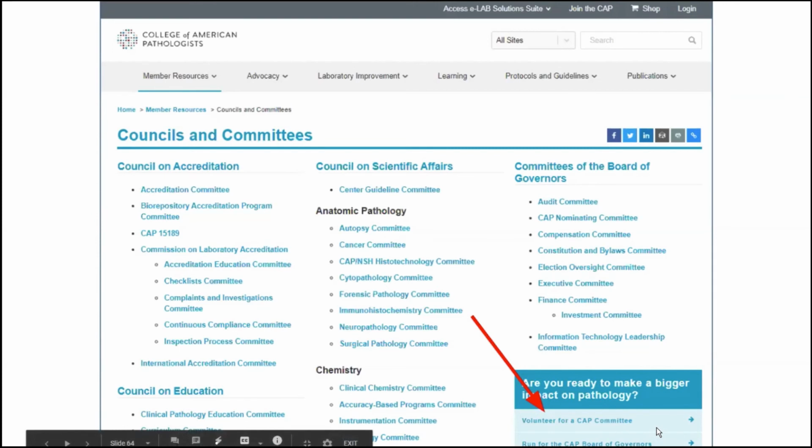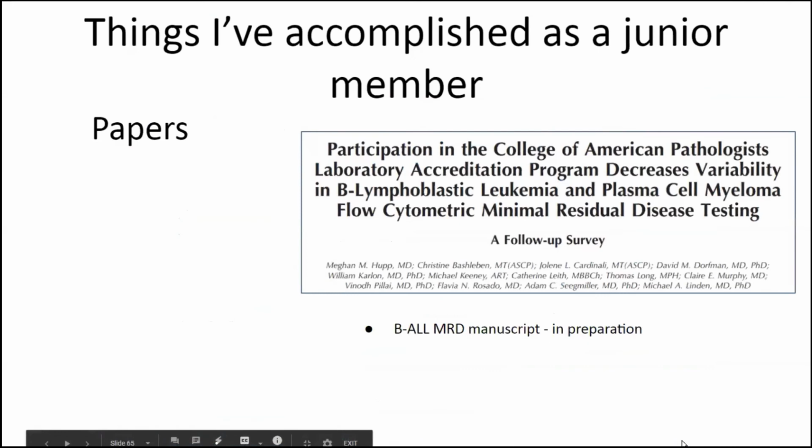And then over here on the right side of your screen is a link for volunteer for a CAP committee. The application does take a bit of time, and you do have to do it very far in advance, but it is worth it when you see what you're able to accomplish. What I've been able to accomplish include papers. As I said, this paper has been accepted to Archives and it's available online.